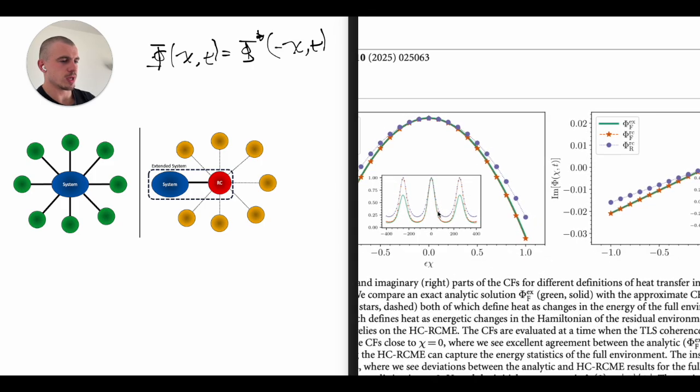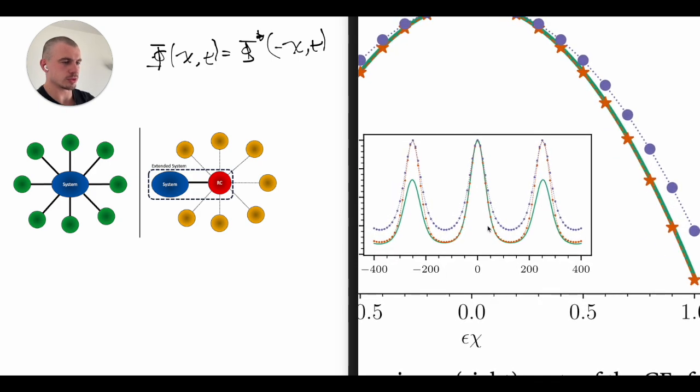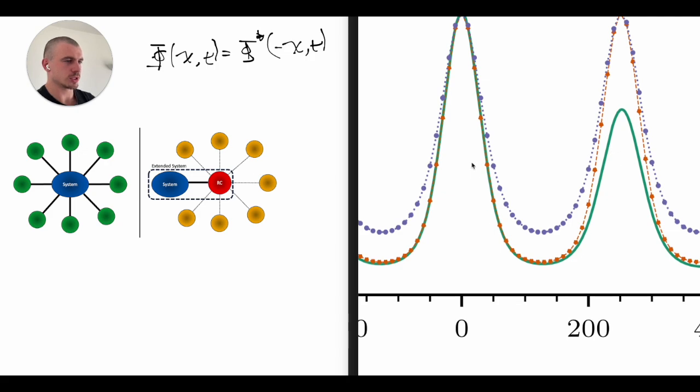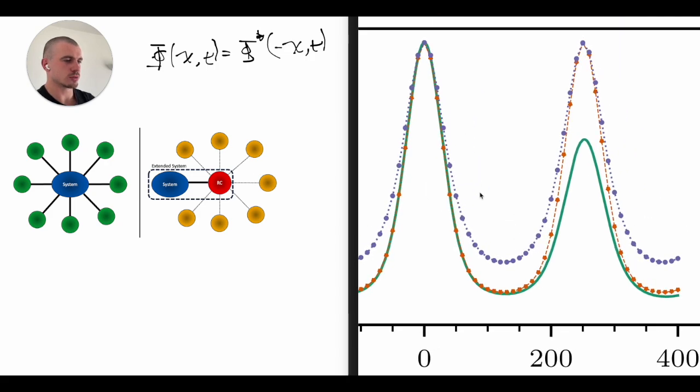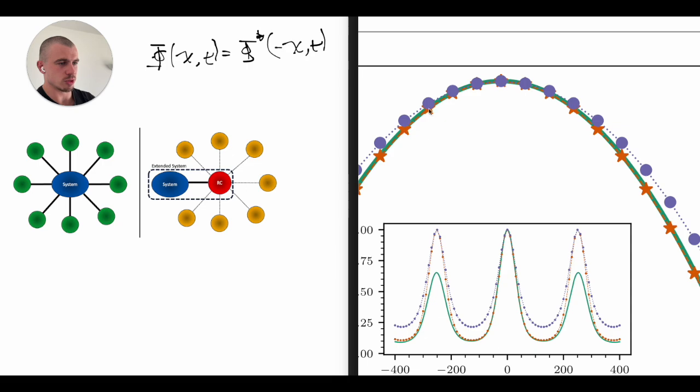Now, the main plots show quite a small range of these chi parameters, and then in the insets we go out to much larger values of chi. And what's interesting is we see some discrepancies between the orange and green curves, which, if we remember, in the main plots over a small range of chi, overlap quite nicely.